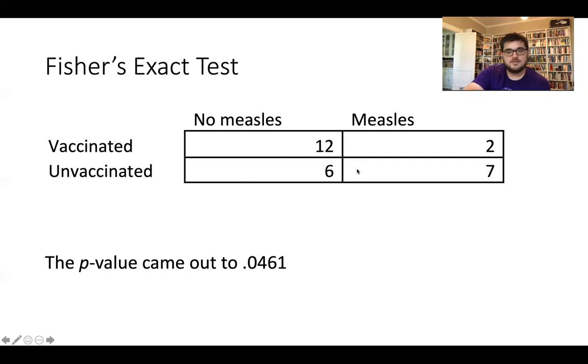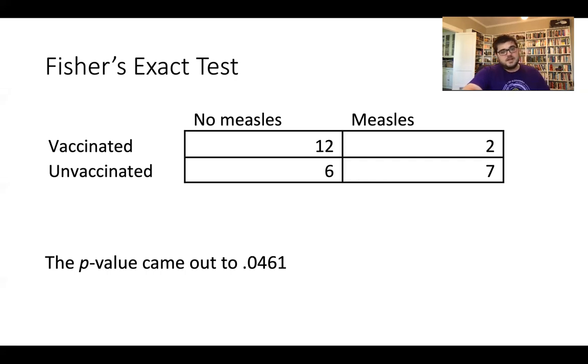It's virtually the same, 6 and 7. So people with the vaccine and no measles are overrepresented in this category. Among people who are not vaccinated, having measles or not having measles doesn't really make a difference. You could fall randomly in either of these categories if you're not vaccinated.